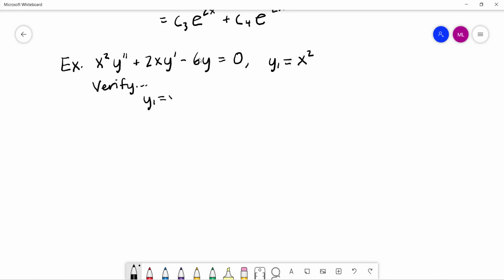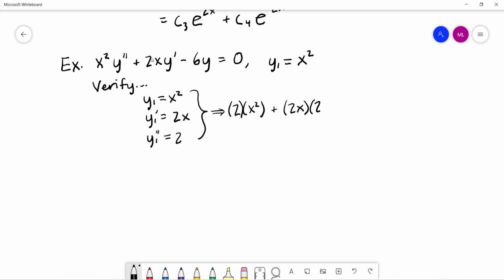if y1 equals x squared, y1 prime is 2x, y1 double prime is just 2, and we would plug them into the differential equation to get y double prime, which is 2, times x squared, plus we'd have y prime, which is 2x, just do it all in parentheses, 2x times the 2x that's already sitting there, so times 2x, plus, or in this case, minus 6 times y, which itself was x squared.